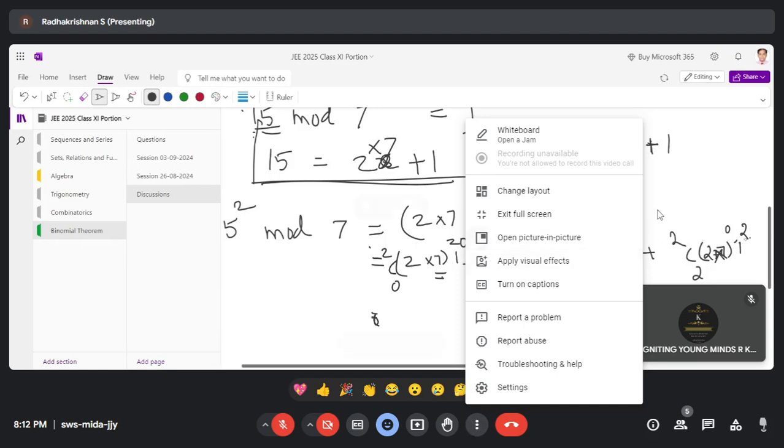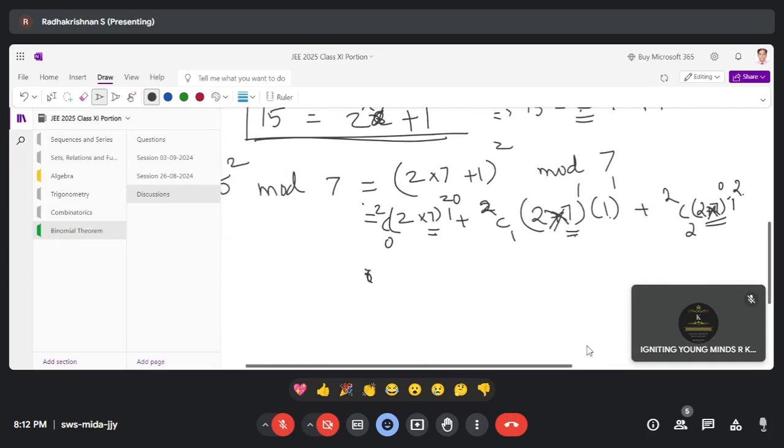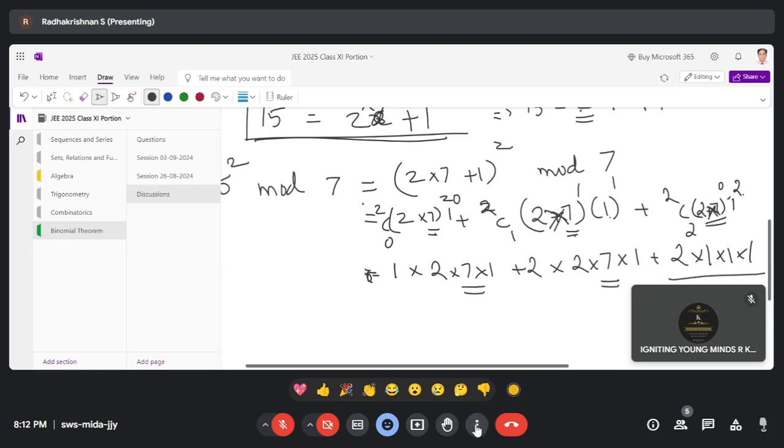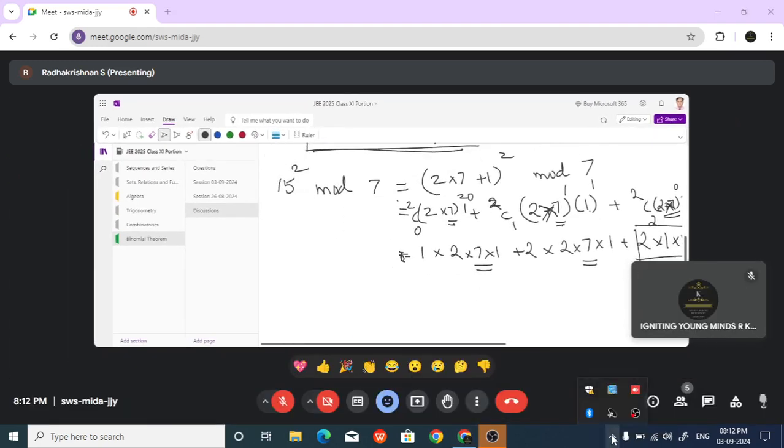Okay, because here 1 square comes. இப்போ பாத்தீங்கன்னா இந்த டேர்ம் வந்து 2 into 2 power 2 into 7 whole power 0 ன்னு வரதுனால இது 1 into 1 into 1 square 1 ன்னு வந்து. இப்போ பாத்தீங்கன்னா இதுலயும் 7 will be a factor, பட் இந்த லாஸ்ட் டேர்ம்ல 7 ஃபேக்டர் இல்ல. அதனால என்ன ஆயிடுது?